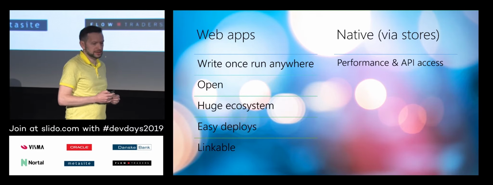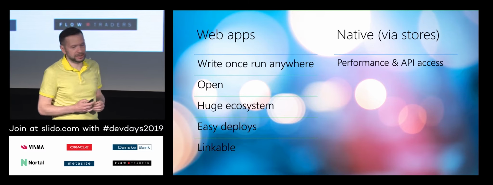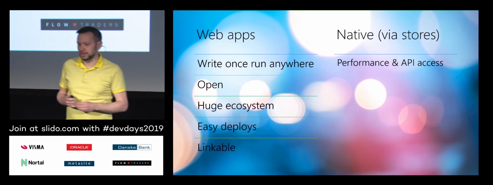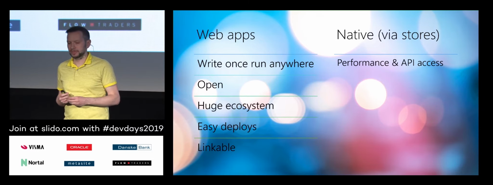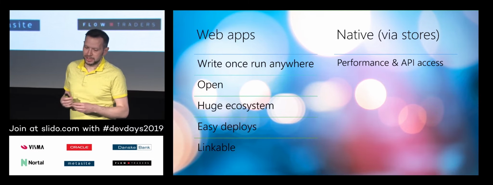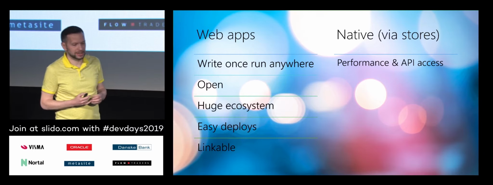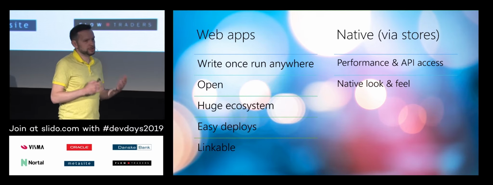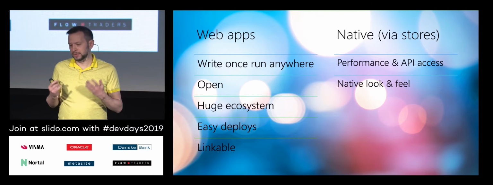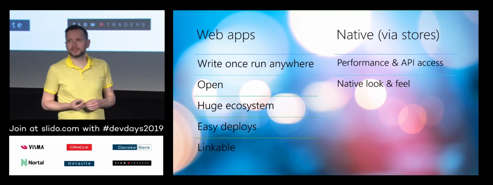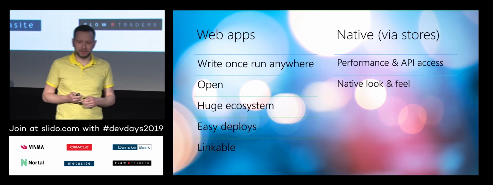On the other hand, native apps do have access to native APIs on the device and can, at least in theory, be more performant than what you can build with web technologies. They also usually conform to the look and feel and all the conventions of the platform.